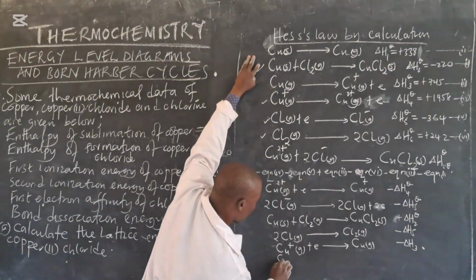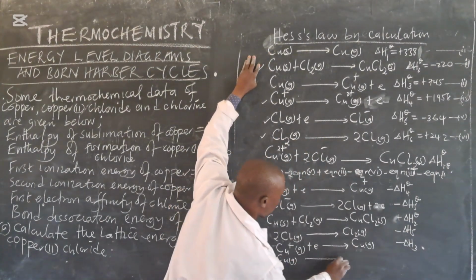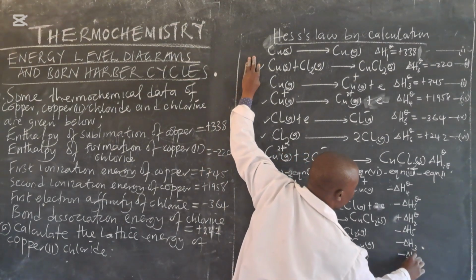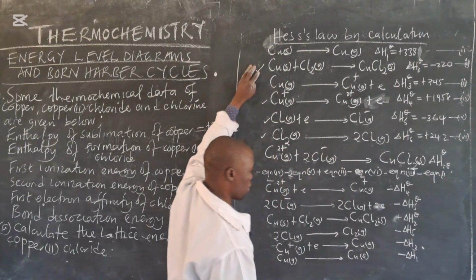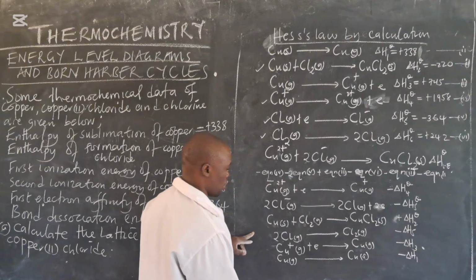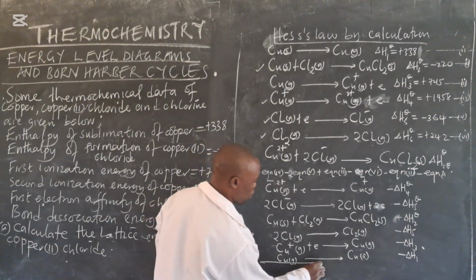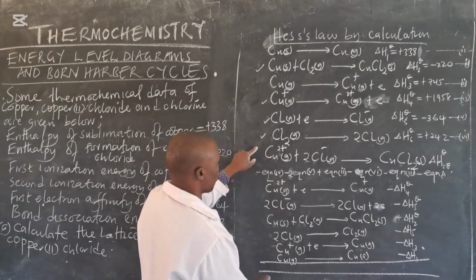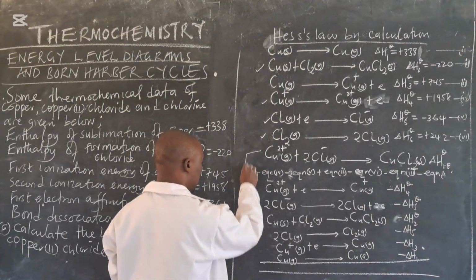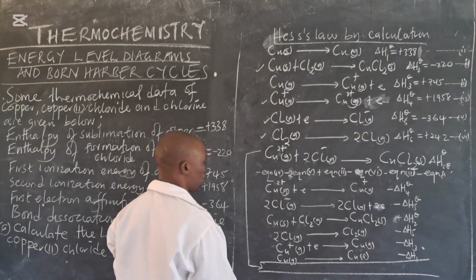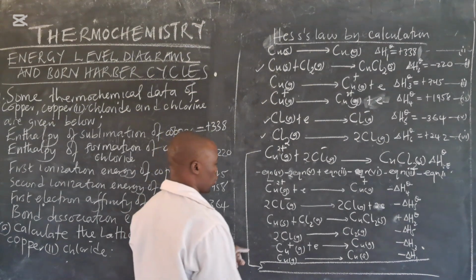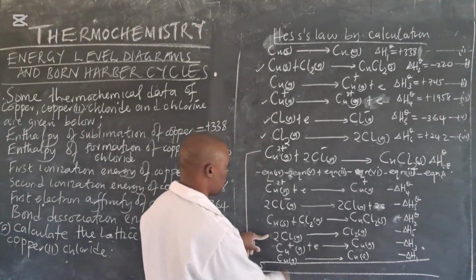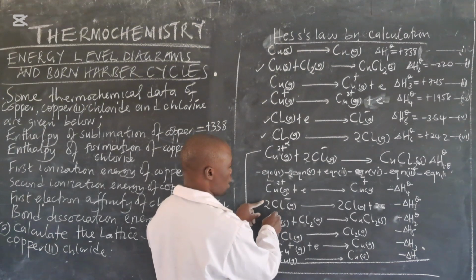This is going to be copper gas to give me copper solid, so this will be delta H1 reversed. When we add all those equations, we should be able to get this required equation here. So you can cancel what we do not need. So we can see that I have chloride.